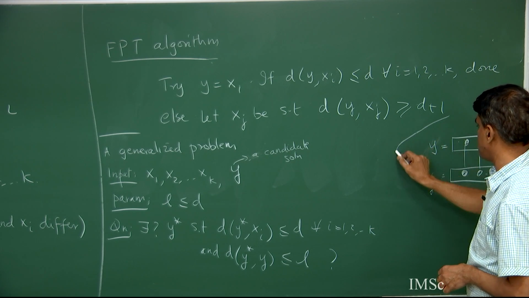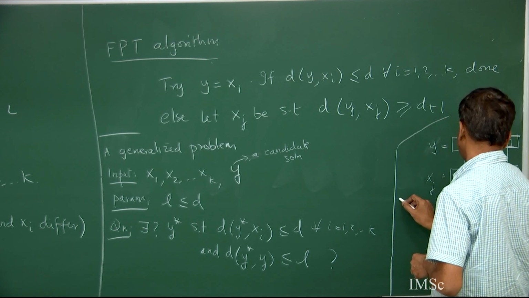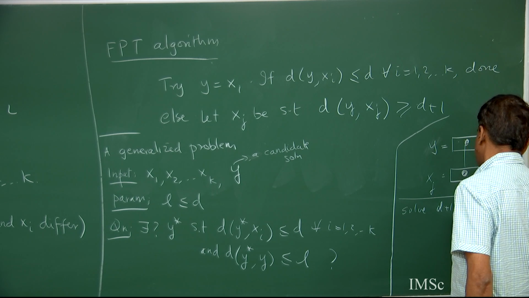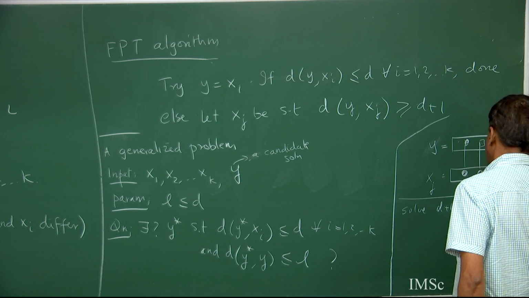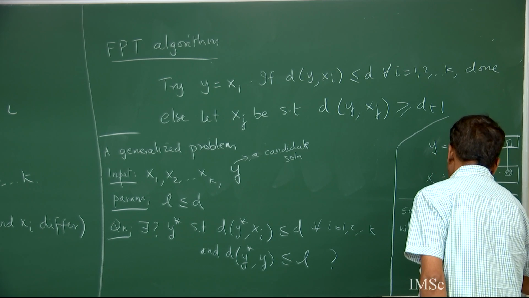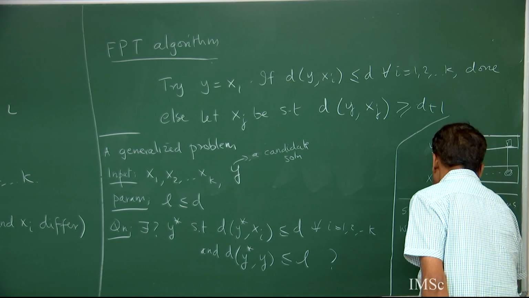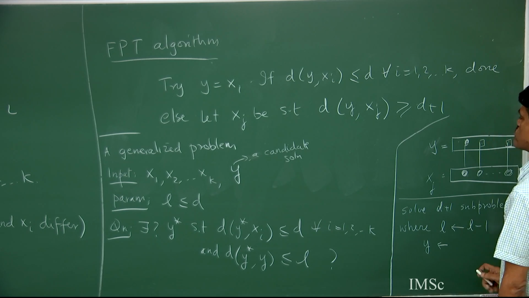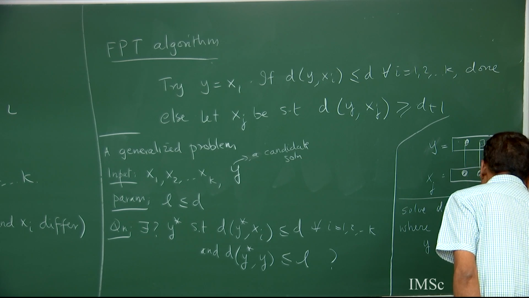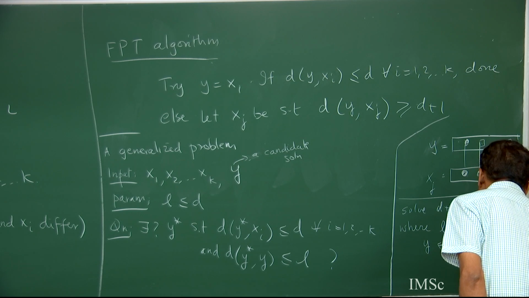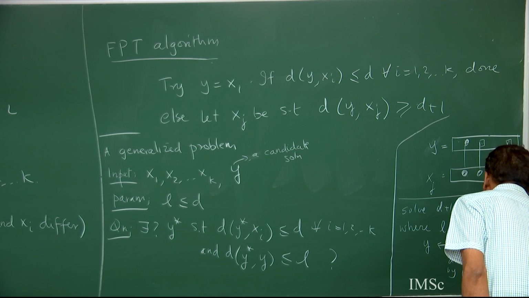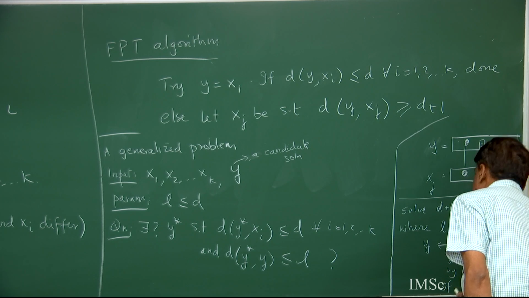Else, solve d plus 1 subproblems where L becomes L minus 1 from whatever it was before, and my y is y with one of d plus 1 positions replaced by the corresponding character of xj.